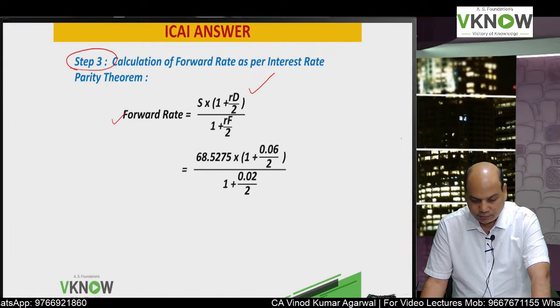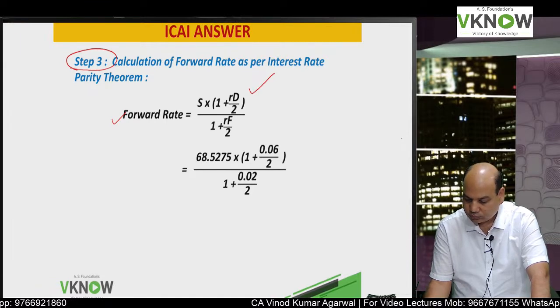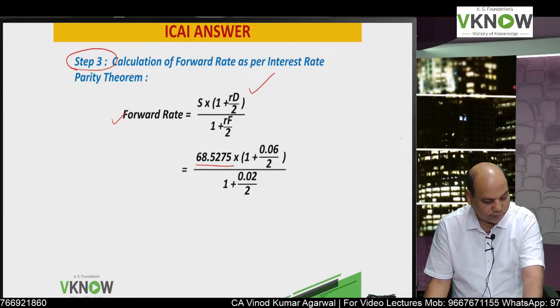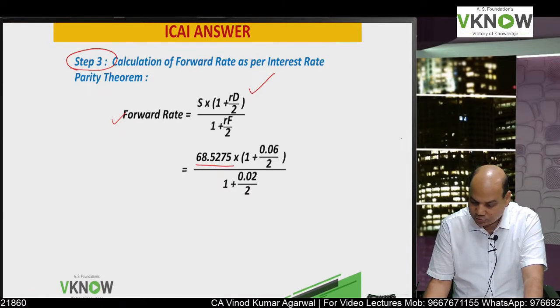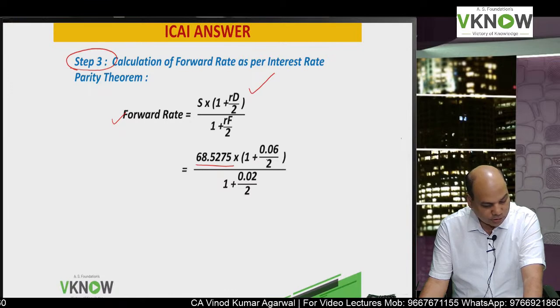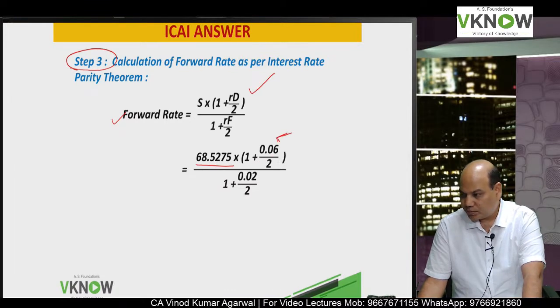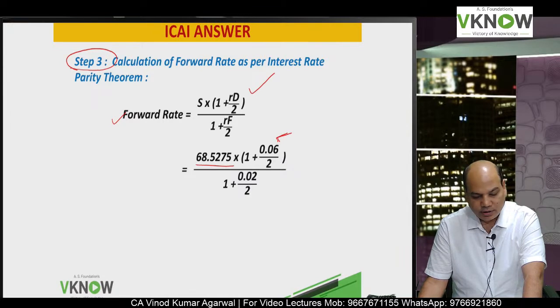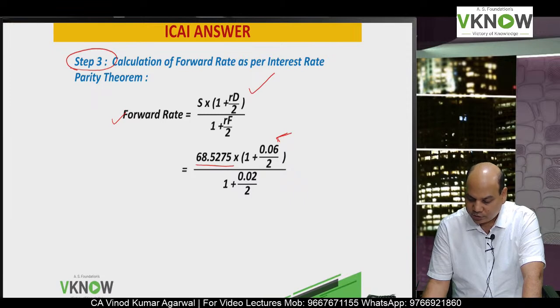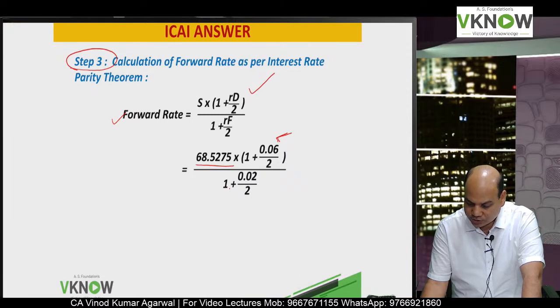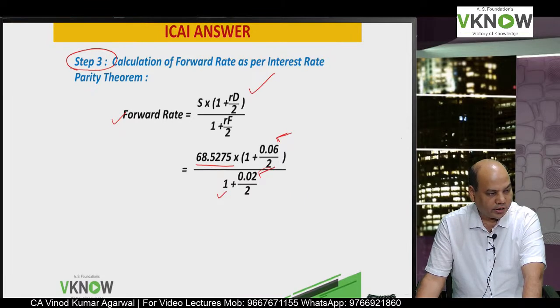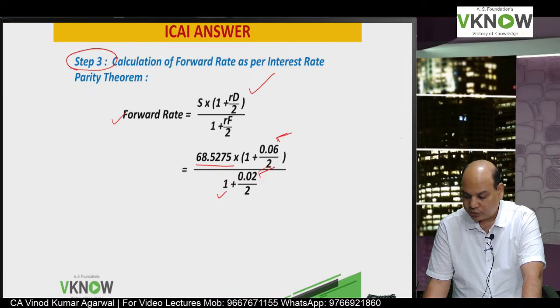So now we'll solve. This is the spot rate given in the first 3 lines of the question, into 1 plus the interest. In India the interest rate is 6%, so 0.06 divided by 2, and in USA the interest rate is 2%, so 1 plus 0.02 by 2.